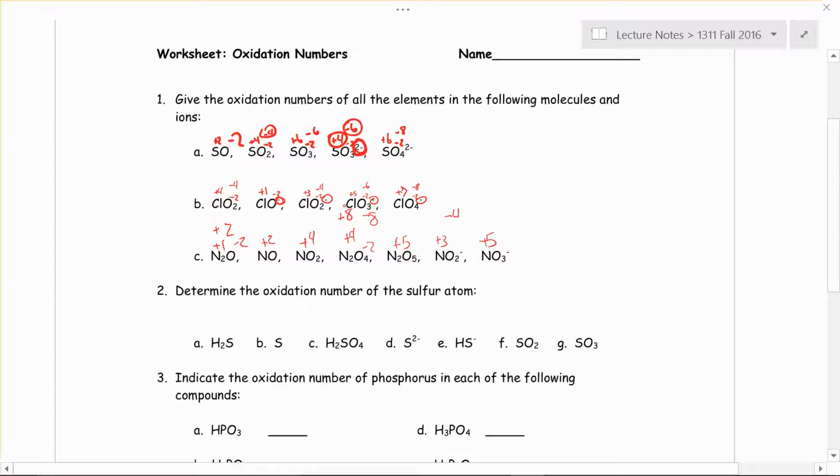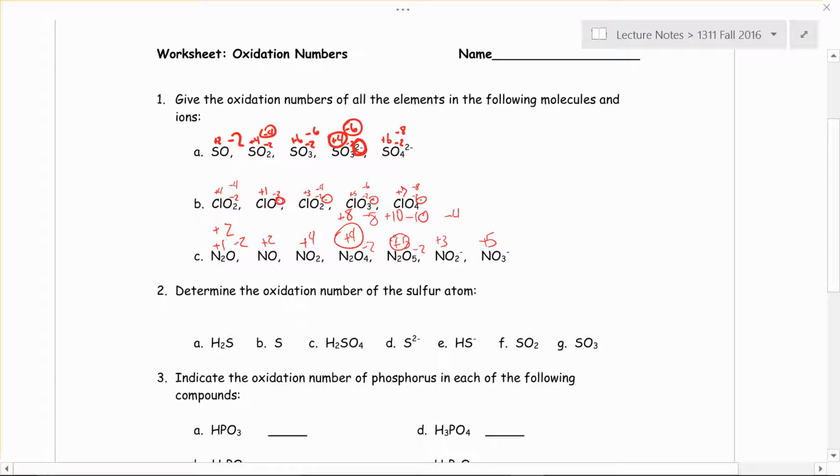If I divide 8 by 2, each individual nitrogen is plus 4. For N2O5, I have negative 2 times 5, which gives me negative 10 overall. So I have to have plus 10 on the other side, and dividing plus 10 by 2, each nitrogen has a plus 5 charge.